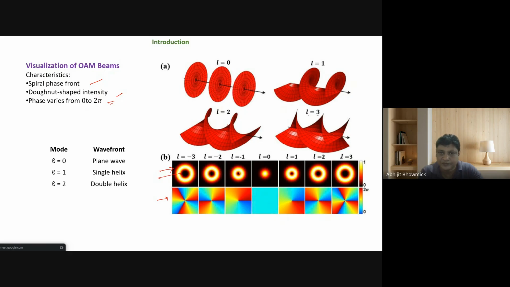Here it is a little bit bigger when L is equal to minus 1 or 1. When L is equal to minus 2 or 2, it is much bigger. When L is equal to minus 3 and plus 3, it is much bigger than the previous one. So basically L describes how radially it expands. And the bottom one is the phase structure.